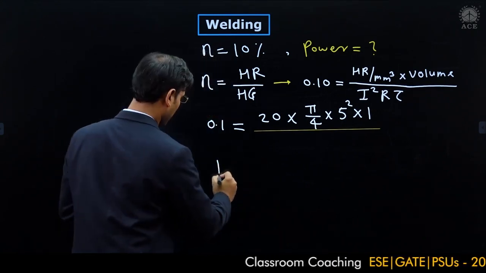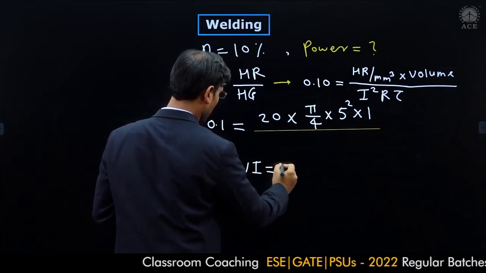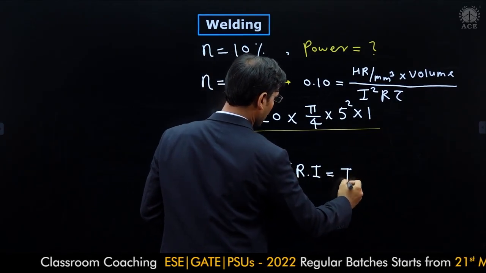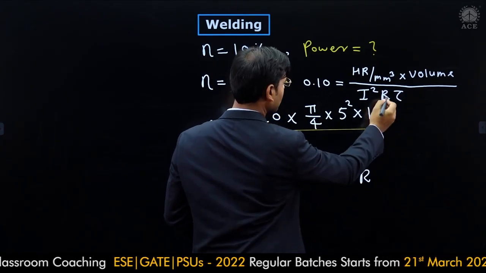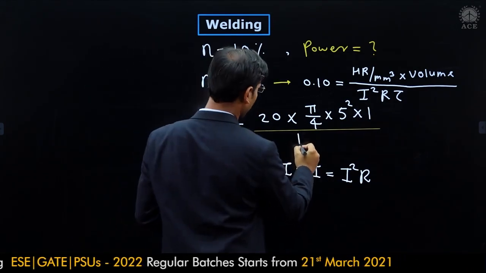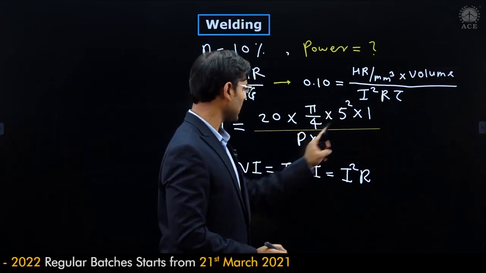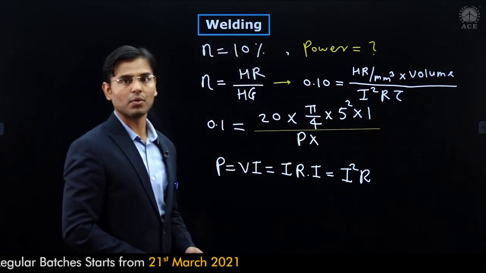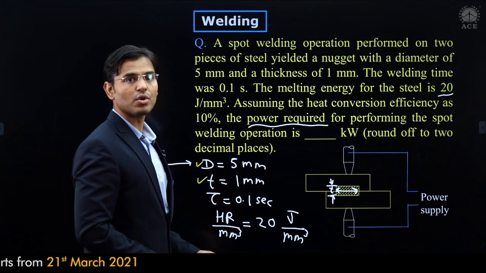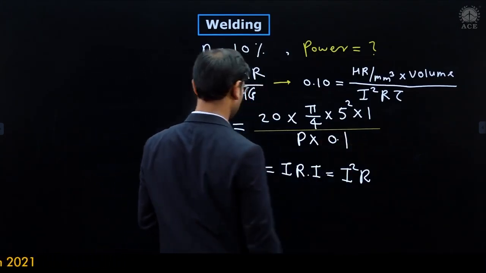I am writing here power is equal to V into I. V is equal to IR. Then what is the answer? I square R. Here I square R means this power is equal to I square R. Then I am writing here power into time, tau. What is tau given? A very small value is given, that is 0.1 second. Then I am writing here 0.1 second.